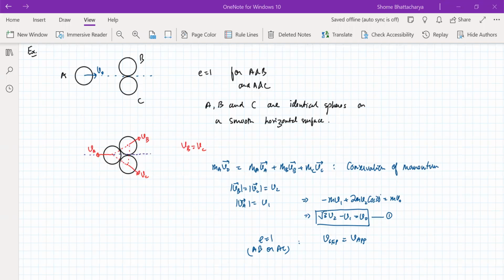So we get the same equation. We get the same equation as in? Sir, the one we got from conservation of momentum. Really? How come?